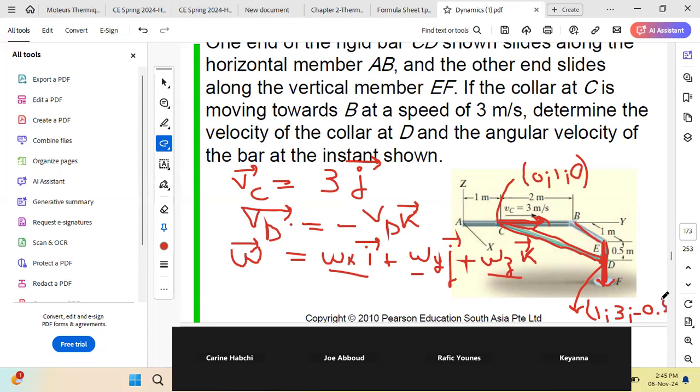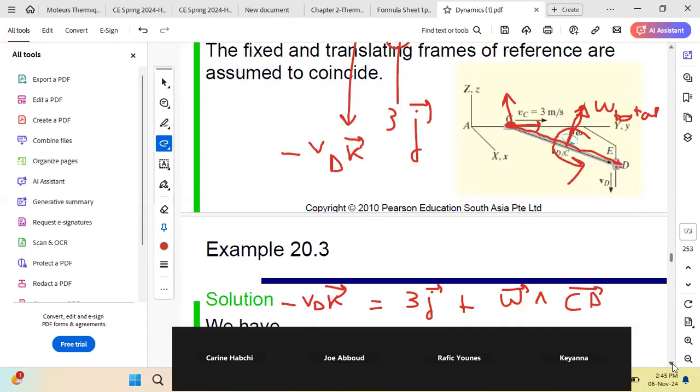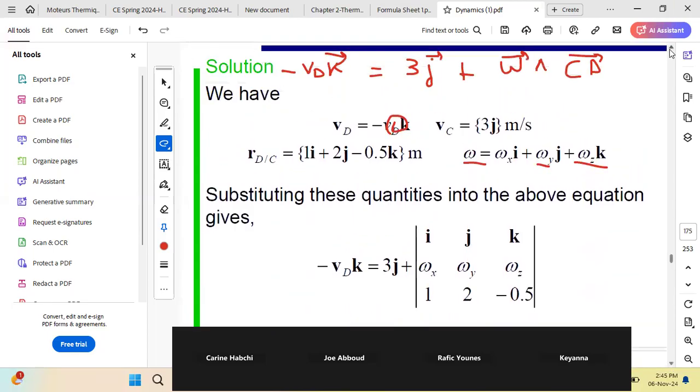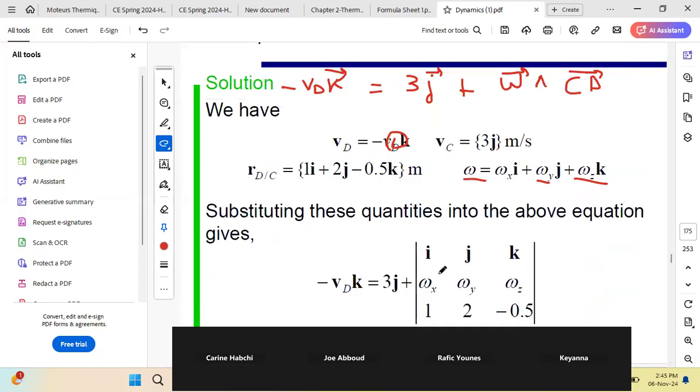Okay, so now I can just do for vector CD, x of D minus x of C. So I have 1 i plus 3 minus 1 along j plus minus 0.5 along k. I can expand directly, or if you want, I can use the matrix form i, j, k, omega x, omega y, omega z, and here are the components of the CD vector: 1, 2, minus 0.5.